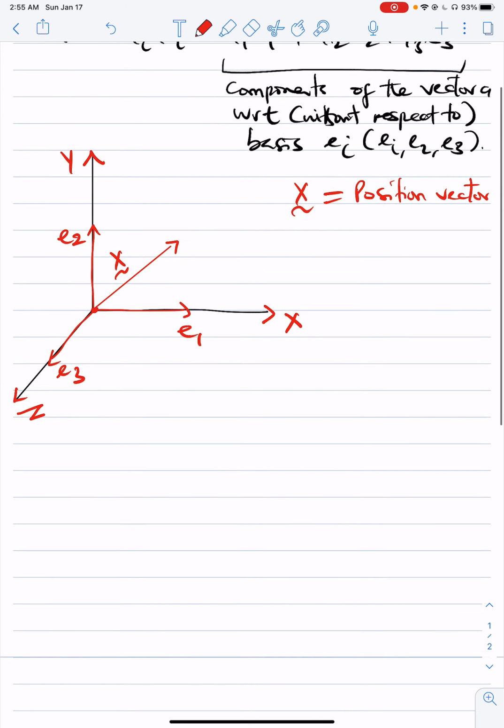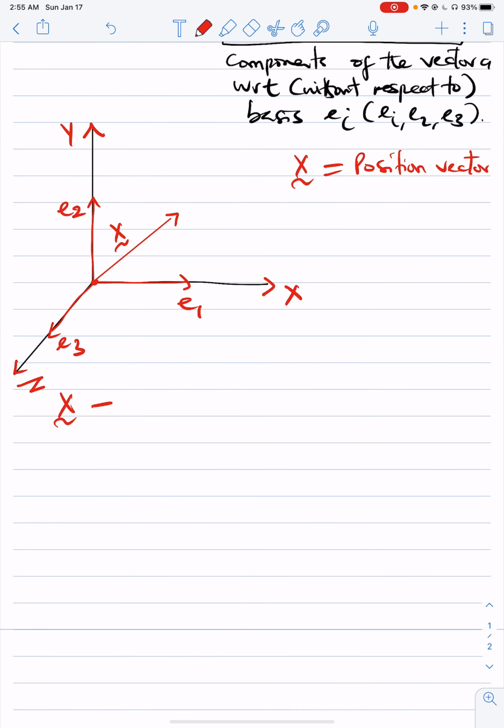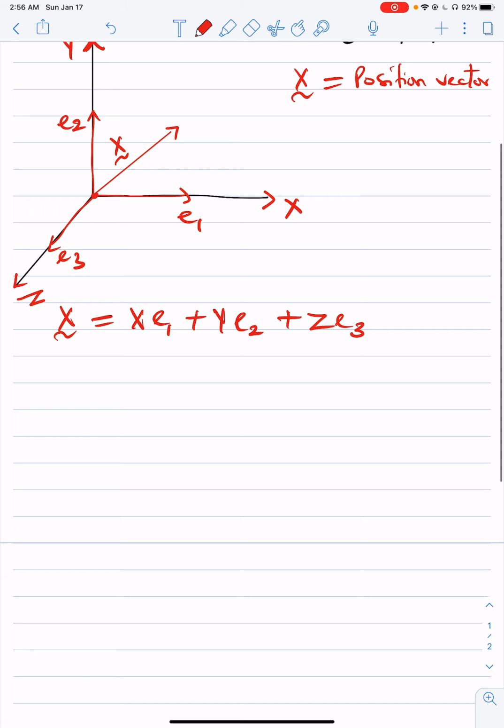This position vector can be defined as x e_1 plus y e_2 plus z e_3. Sorry, this should be y because of this point here. So this is the position vector, and these are its components x_1, x_2, and x_3.